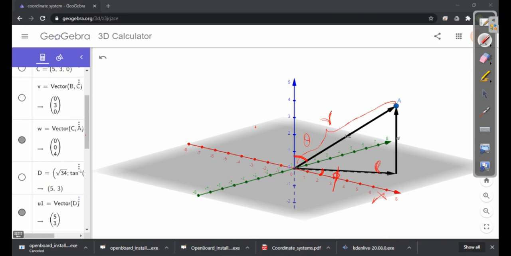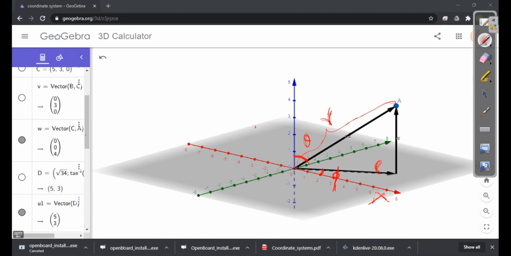So we require three parameters. What are they? The first one is r, the second one is phi, and the third one is the angle theta. The first one, r, is the distance between the point and the origin. The second one is the angle between the x-axis and the shadow of the point, so these two lines, rho and x.